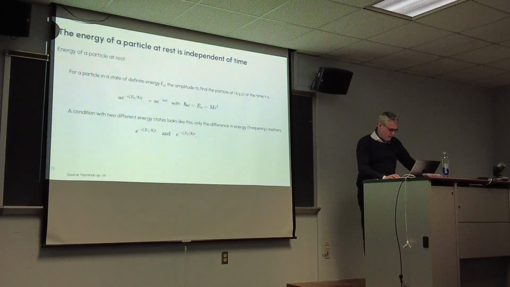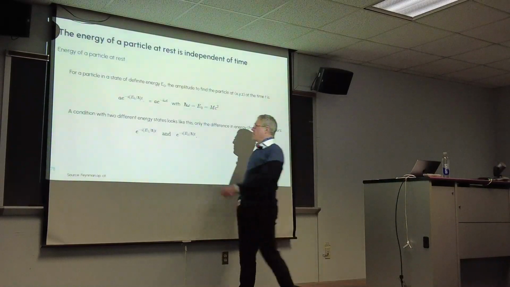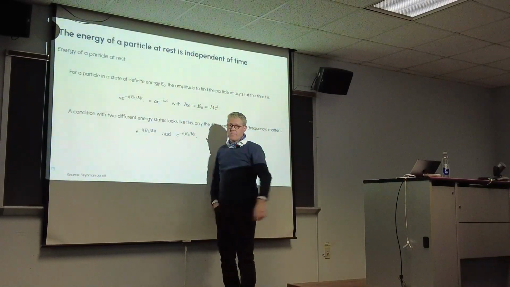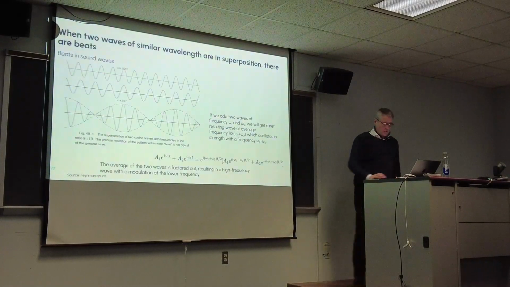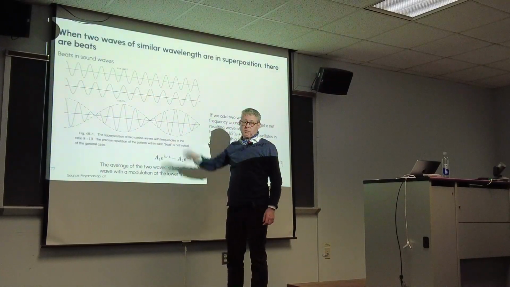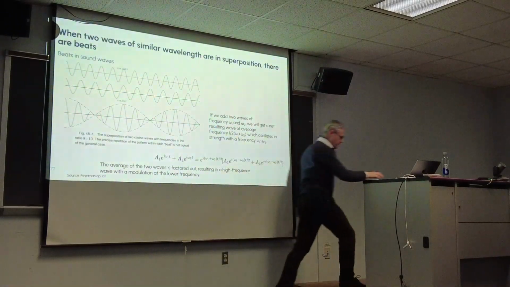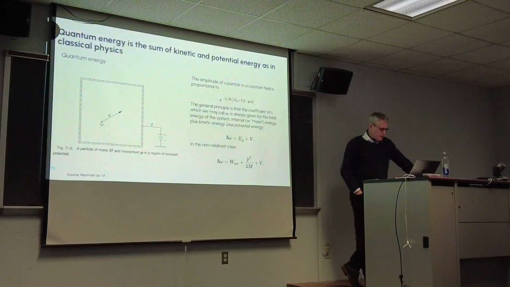So what is important here in this equation is to see that the only thing that determines the energy of a particle is the frequency. So the frequency of the wave, and we've seen this before. So this particle, if this would be a particle, has slightly more energy than this one because it's oscillating fast. And now, in quantum mechanics, energy is the sum of kinetic and potential energy as in classical physics.